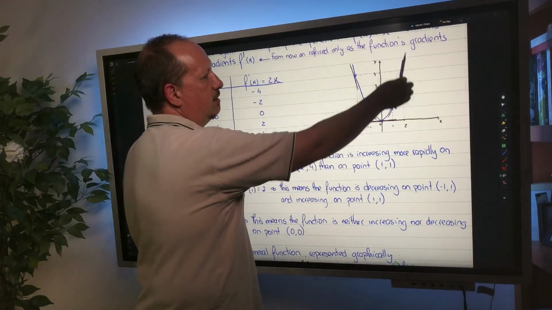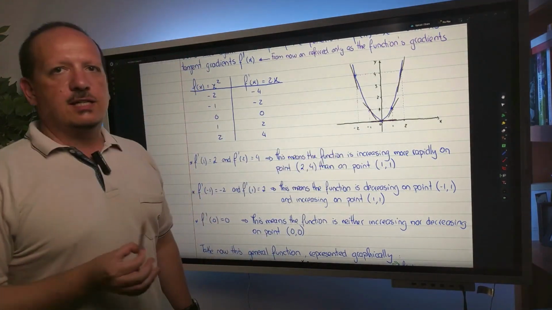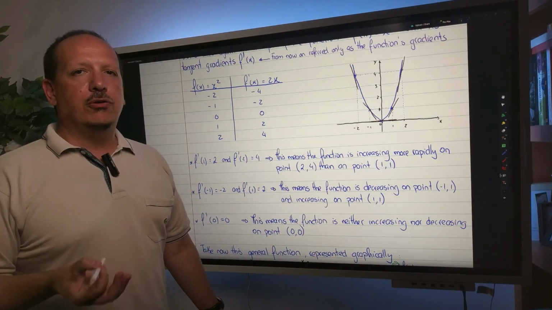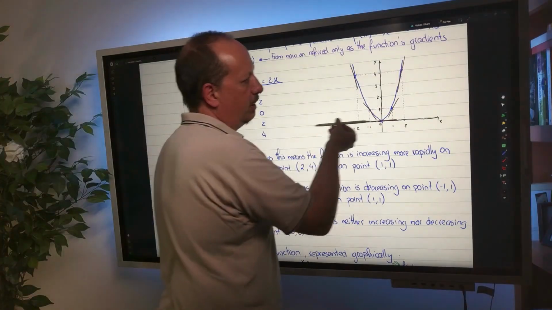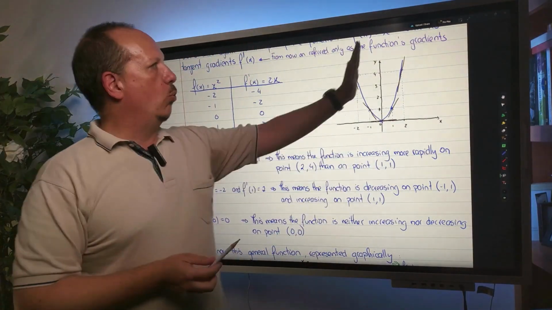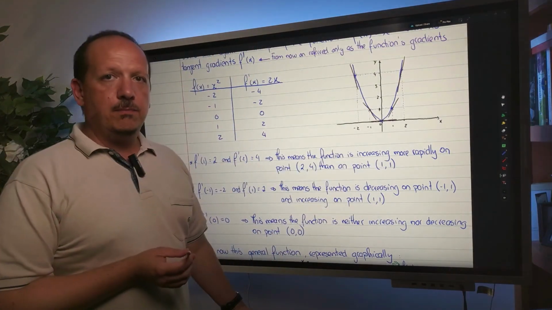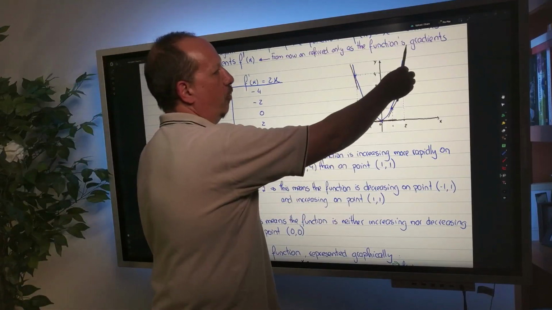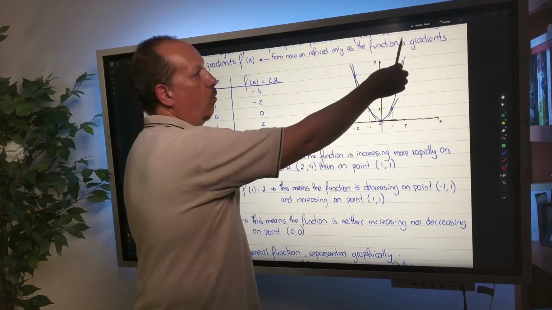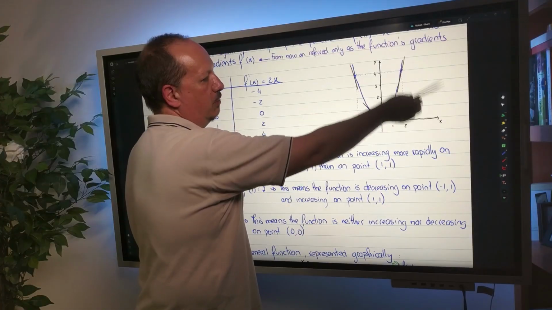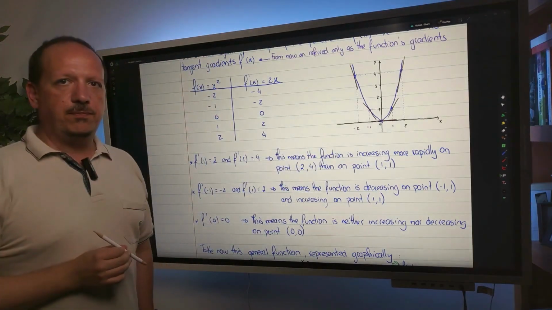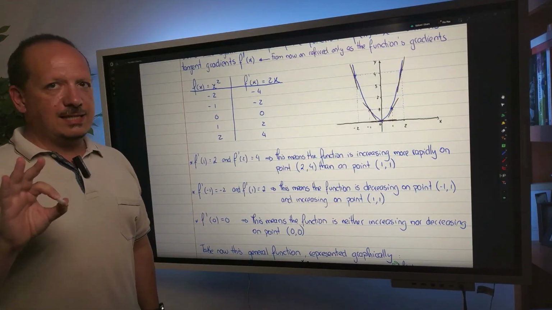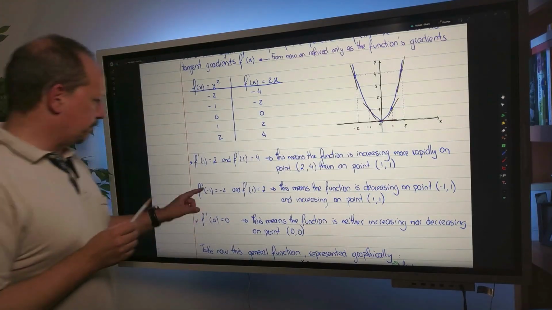The value of the gradient is a good measurement of how the function is evolving, how y is evolving in relation to x, whatever y and x may be. All right, so the value 4 is bigger than 2, so y is changing more rapidly in relation to x over here than over here, right? Let that sink in because this is very important.